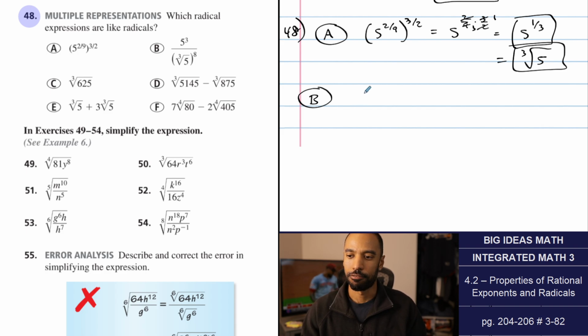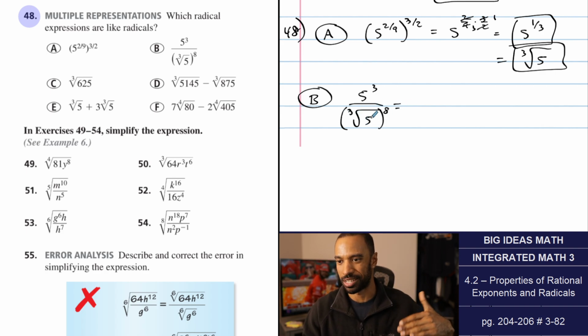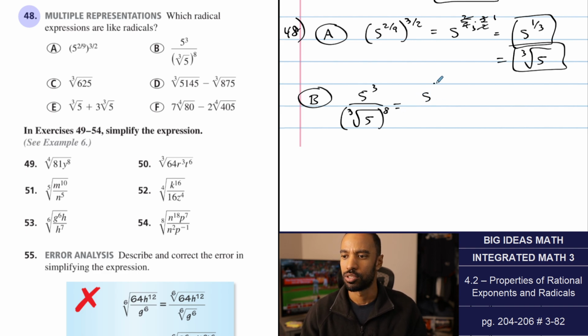B, we have 5 to the 3rd over the cube root of 5, all raised to the 8th power. If I were to do something with this personally, this is probably where I'd rewrite this in fraction form, because my goal is not to evaluate this number, but to work it with other numbers, like I would with variables. So that's 5 cubed over 5 to the 8/3 power. That's the rewrite.